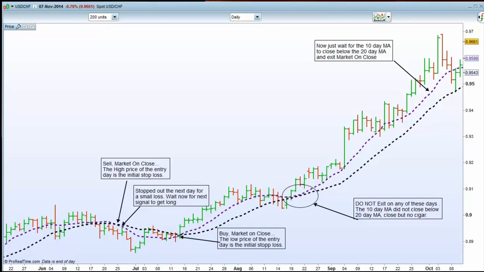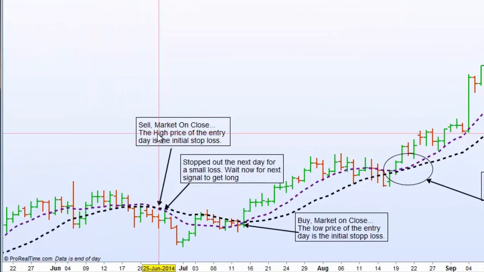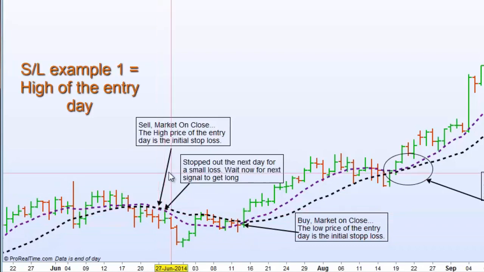But before I show you that, let's start from the left again and talk about what we have here in the boxes. This first box says sell market on close. The high price of the entry day is the initial stop loss. So this is one example that I gave you as the stop loss, the high of the entry day.